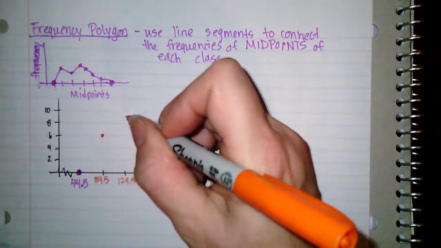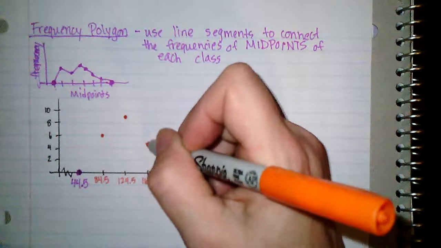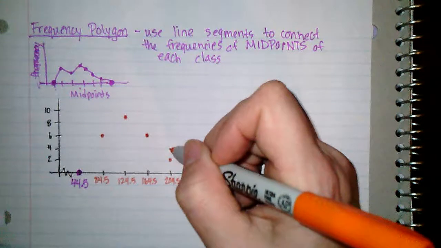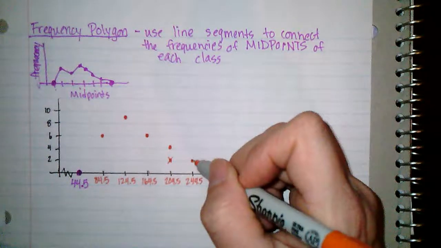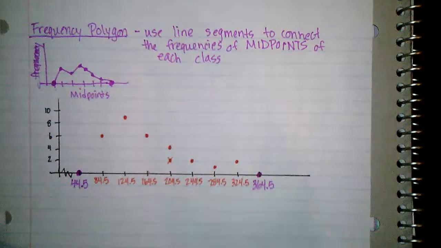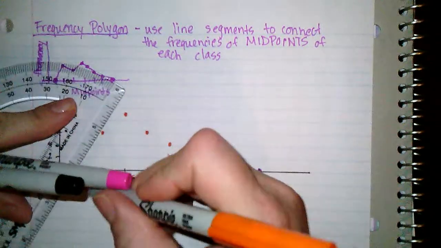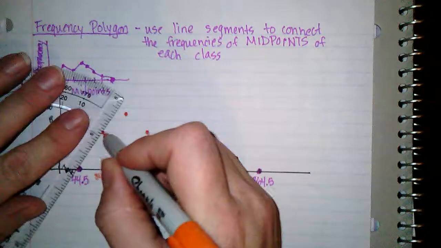At 124.5, it was 9. And then 6 again, and then 4, and then 2, and then 1, and then 2. Then we're going to connect those dots with a straight edge.